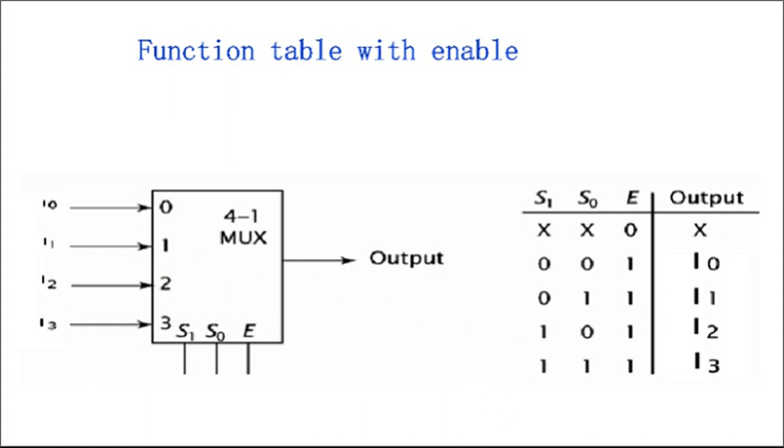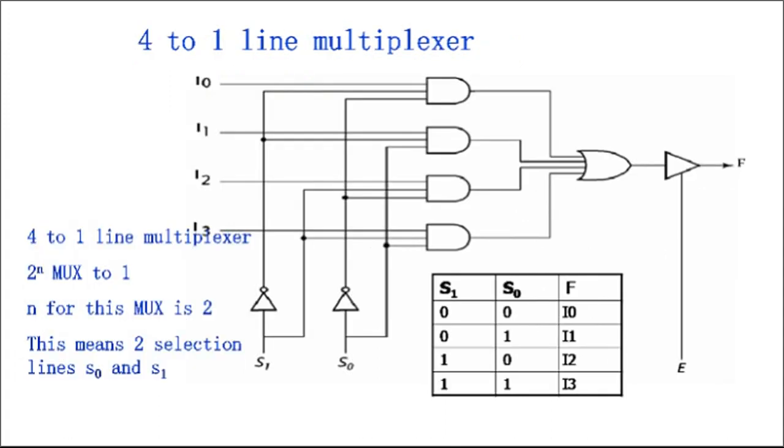By applying the same method, by drawing the truth table with 0 0, 0 1, 1 0, 1 1 selecting I0, I1, I2, I3, we have to construct the 4 to 1 line multiplexer. For the 4 to 1 multiplexer, Y is an OR function of four terms. See the diagram, it will be clear.